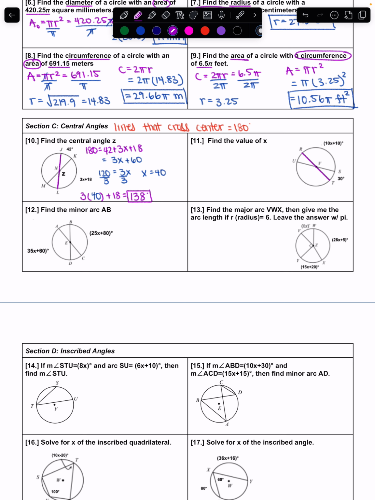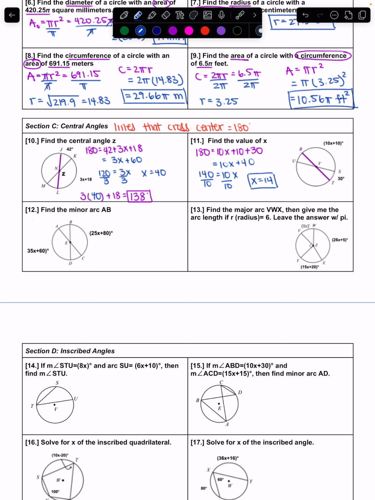So here we have 180 is equal to 10x plus 10, and then we're going to add this 30 along with it because we want to know what x is. Okay, so I'm going to combine like terms. So that gives us 10x plus 40. Okay, we're going to move the 40 over to the left side. So we're going to be left with 140 is equal to 10x. I'm going to divide both sides by 10. And we get our answer, x equals 14.